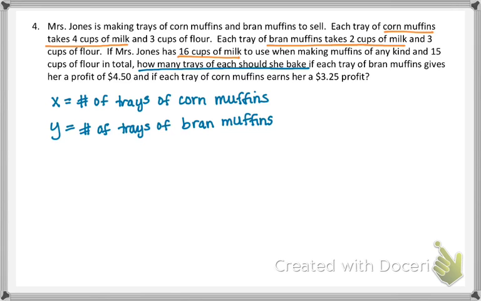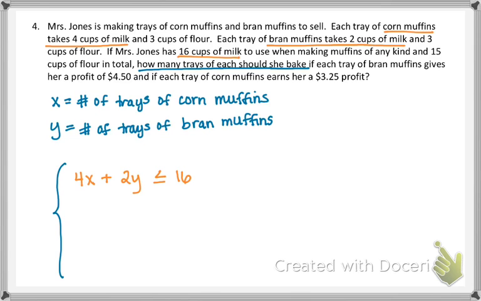So our first constraint is going to be the amount of milk that we have. So that would be 4 cups times however many trays of corn muffins plus 2 cups times however many trays of bran muffins has to be less than or equal to 16.